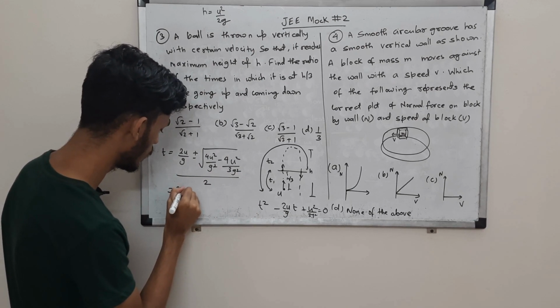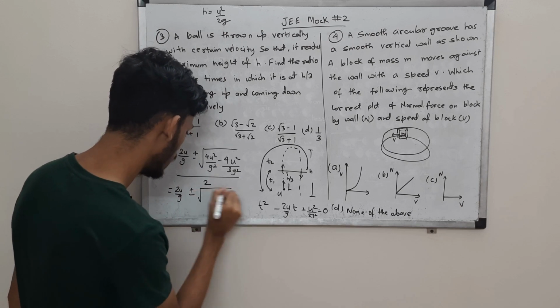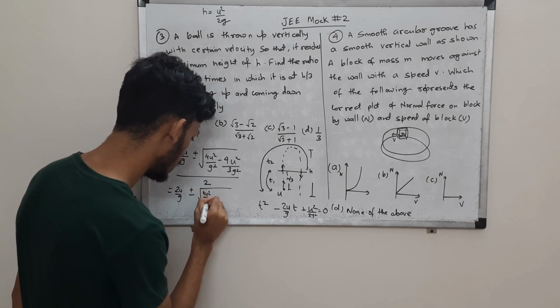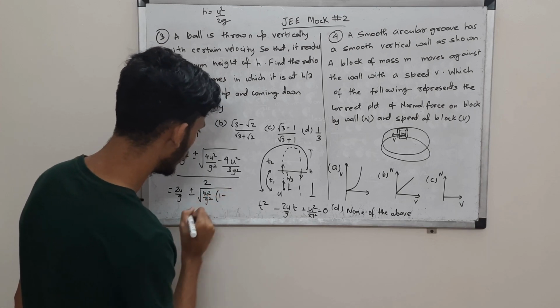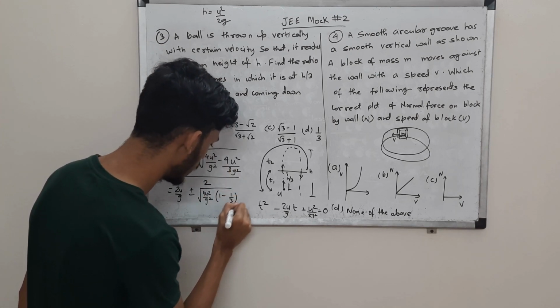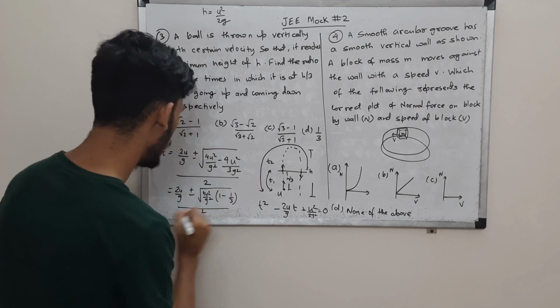So 2u by g, we can take common over here. 4u square by g square can be taken common, 1 minus 1/3 will be left over here, and here we will have 2.